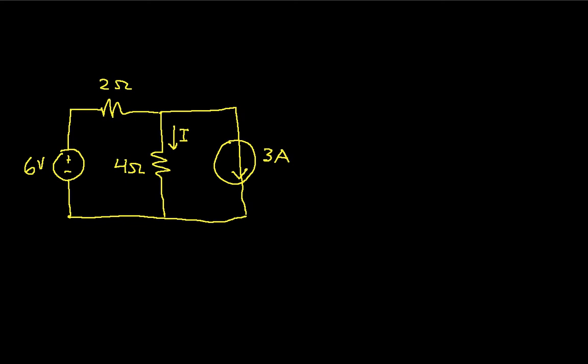So in this example that we have here, the current I might be something that we want to solve for, and the way we could solve for it would be to say that the current I is the sum of some current, I prime, where I prime is the current due to the 6-volt source with the 3 amp source set to 0, plus the current, which we'll call I double prime, due to the 3 amp source with the 6-volt source set to 0.